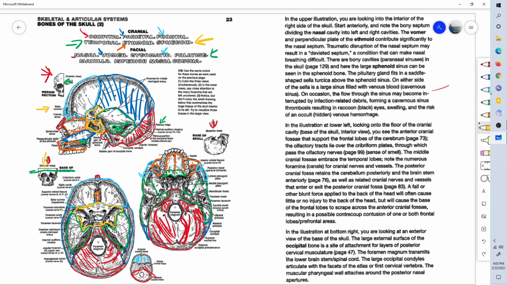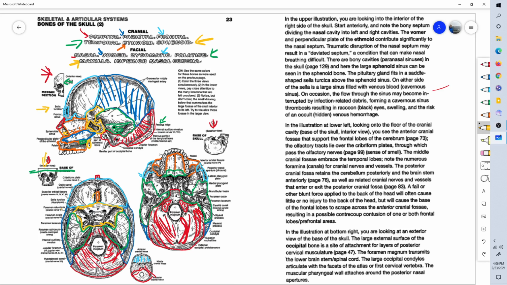And while we're at it, this little inferior portion of the sphenoid bone, and continuing with the maxilla. There we go, with a little bit of the inferior nasal concha protruding out there. That is the maxilla, or maxillary bone.